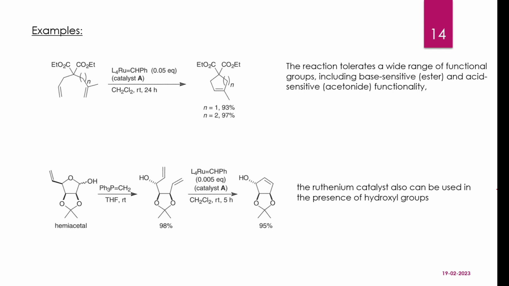For example, here we are adding this catalyst, catalyst A, Grubbs' first generation catalyst. Because there are n carbons here, these two alkenes will join.